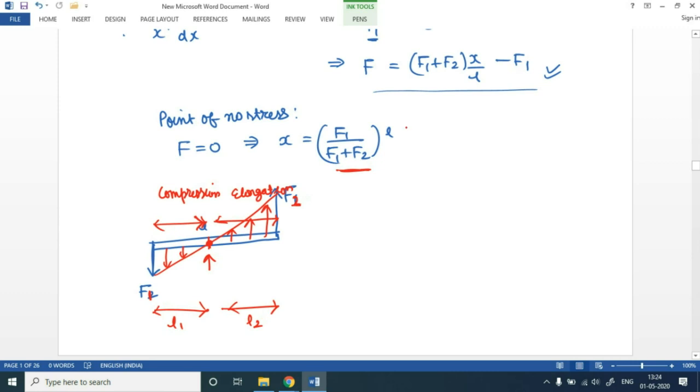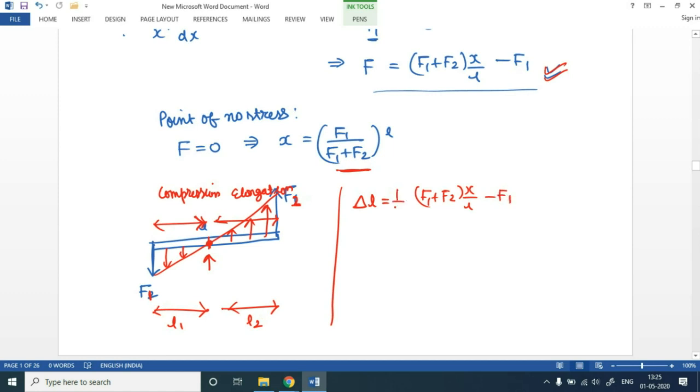And once we have got the force as a function of x, we can find out the elongation delta L also, and the elongation here would be nothing but again sigma upon 2y, or sigma upon y into dx. So sigma here is nothing but this relationship we will be using, f1 plus f2 into x by L minus f1 by a.